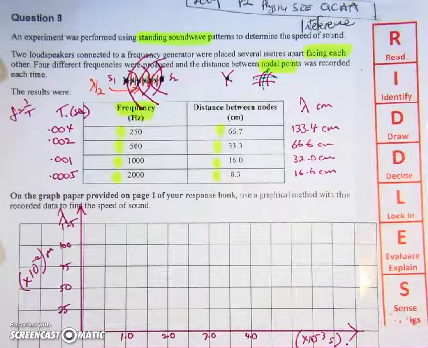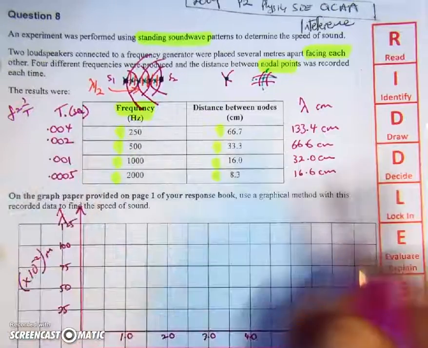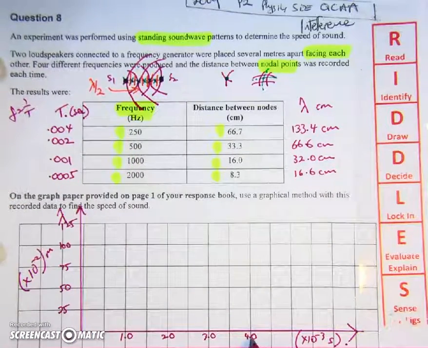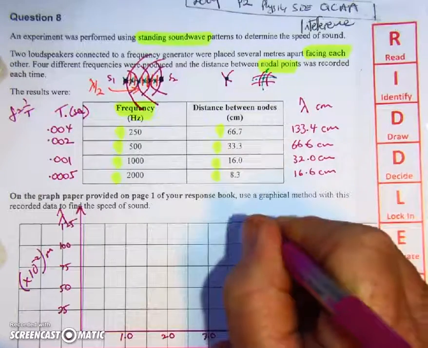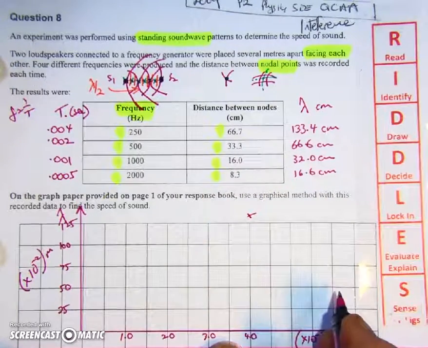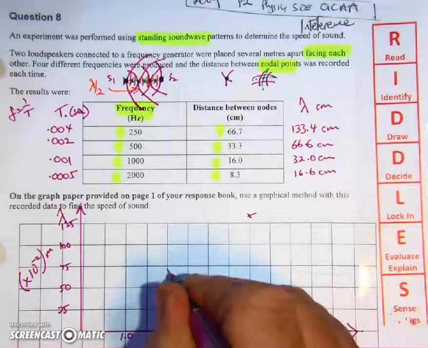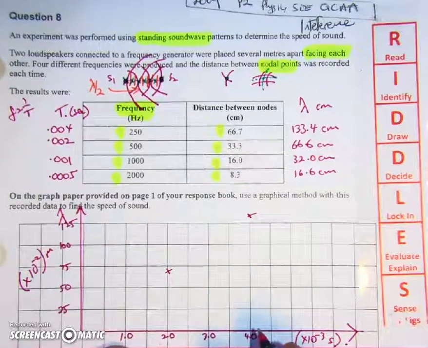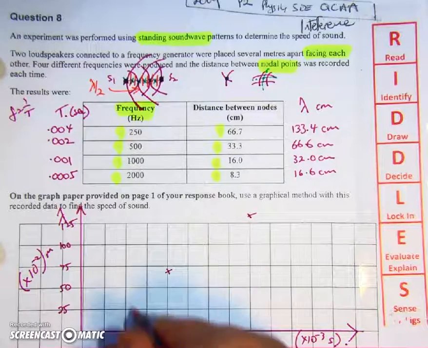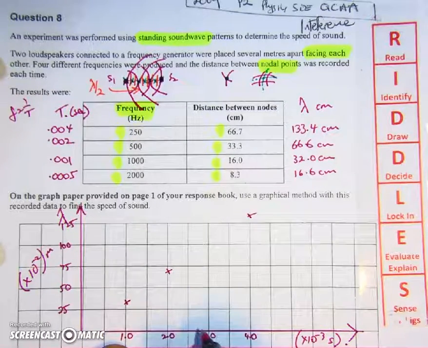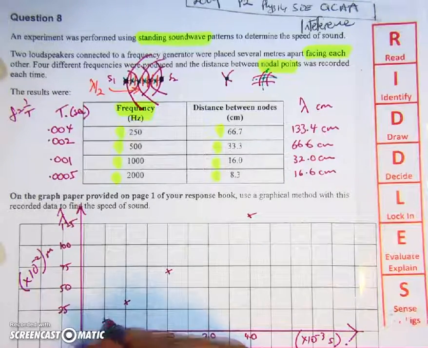Now I can plot my values. 0.004 is here, and that comes out to 133.4. 0.002 comes out at 66.6. 0.001 comes out at 32, and 0.0005 comes out at 16.6.